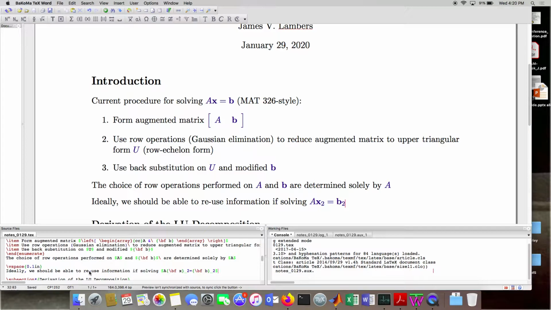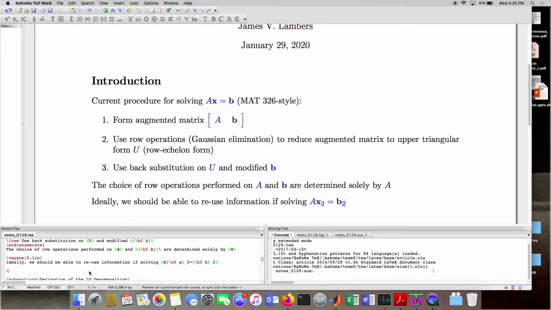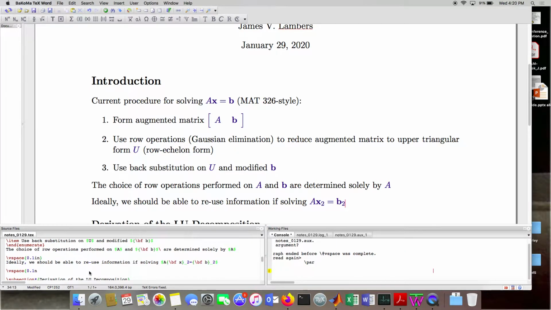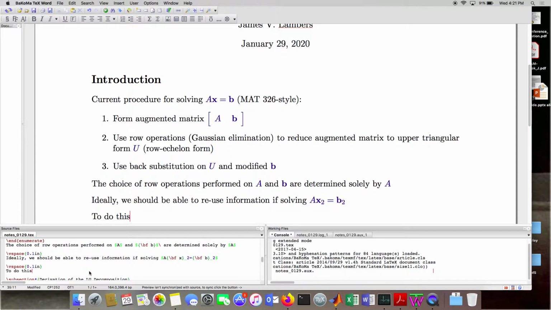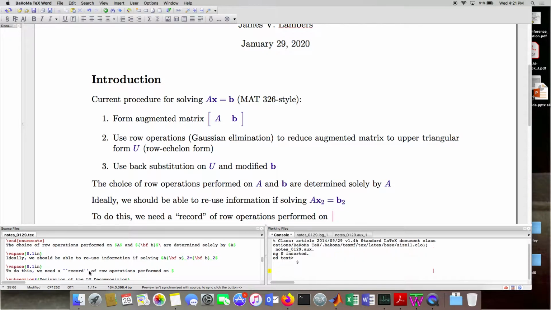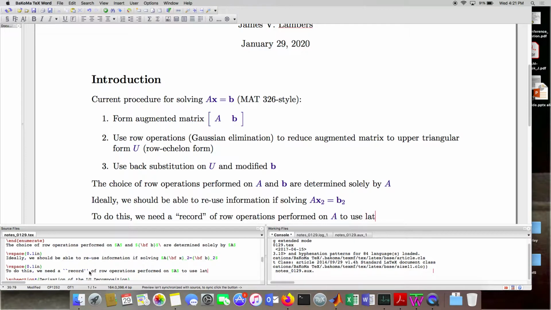But the thing is, we worked on both A and b. So what's necessary is, to do this, we need a record of row operations performed on A to use later with a new b.